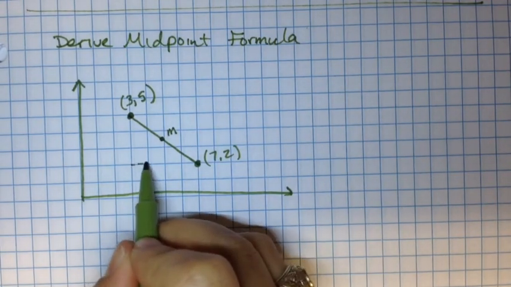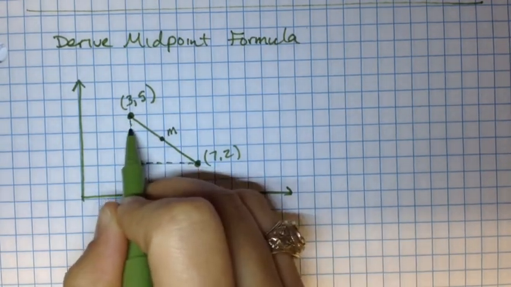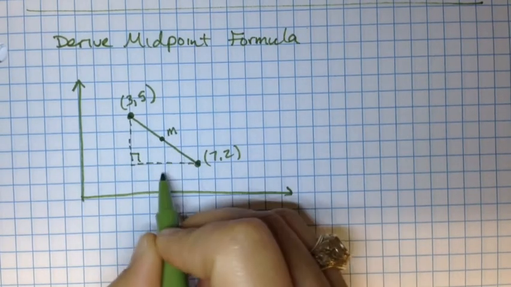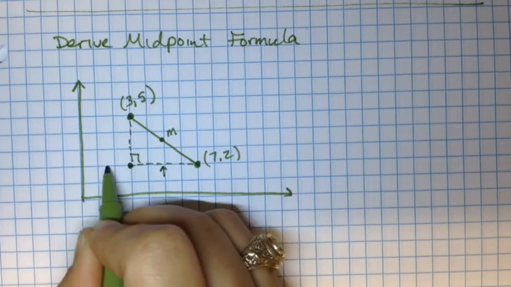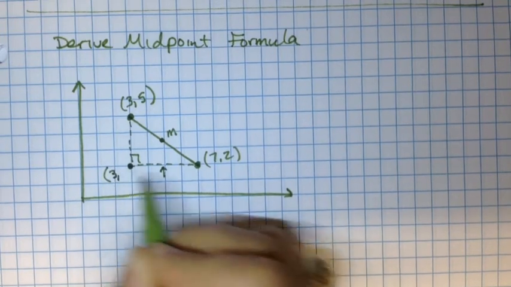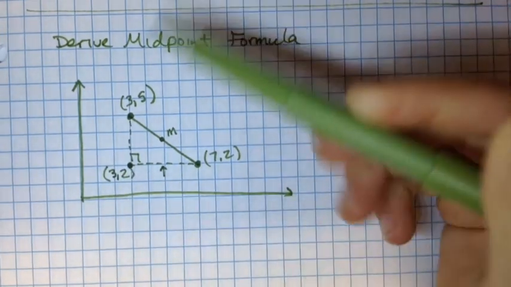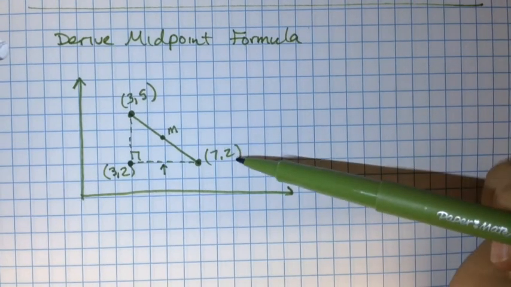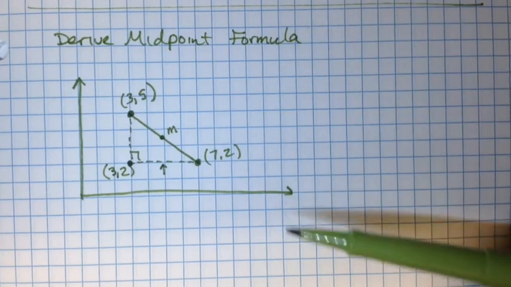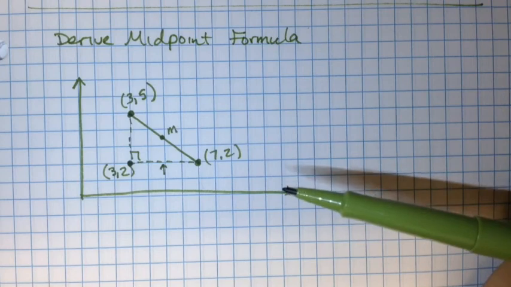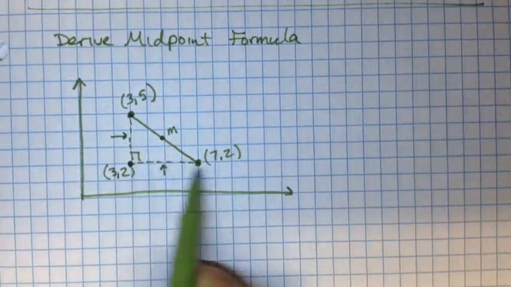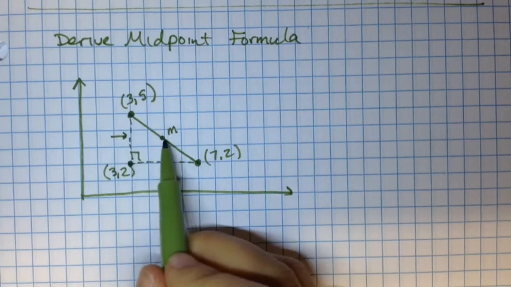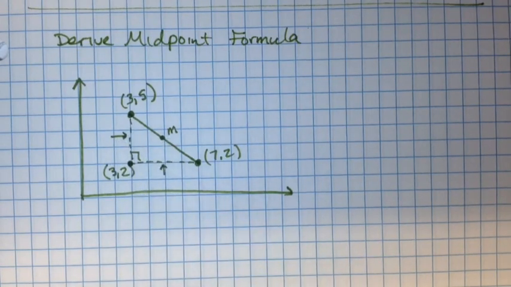Okay, again, if I create my little triangle, you would notice that this corner piece right here is the coordinate 3, 2. The x value from the first one and the y value from the second one, just like it was in distance. Okay, I want to know what these two pieces are, halfway between these and halfway between that, because that creates my midpoint.